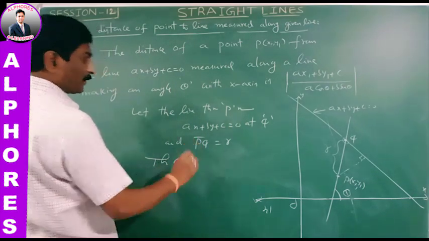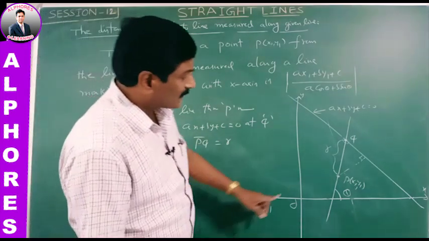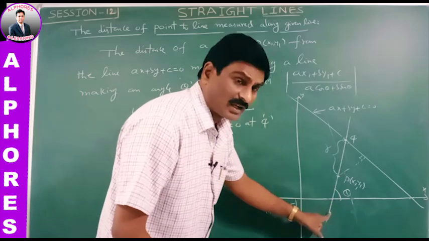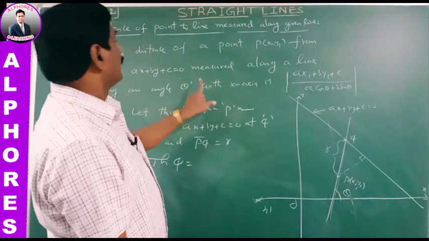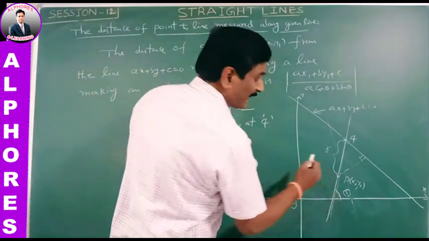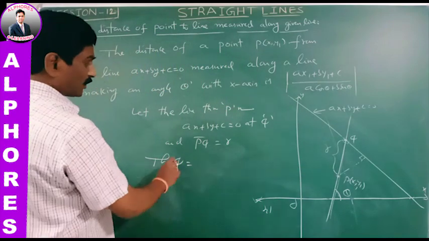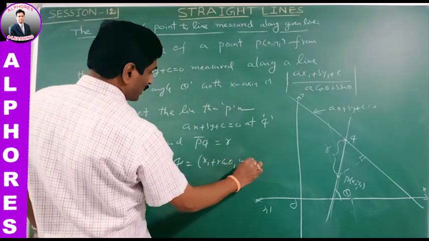Q is nothing but, by using parametric form, x is equal to x1 plus r cos theta, y is equal to y1 plus r sin theta. What is the angle of inclination of this line? The angle of inclination of PQ is theta, from the given line making an angle theta with x-axis. So Q is (x1 plus r cos theta, y1 plus r sin theta).